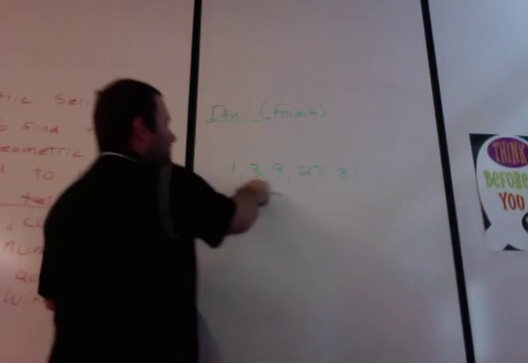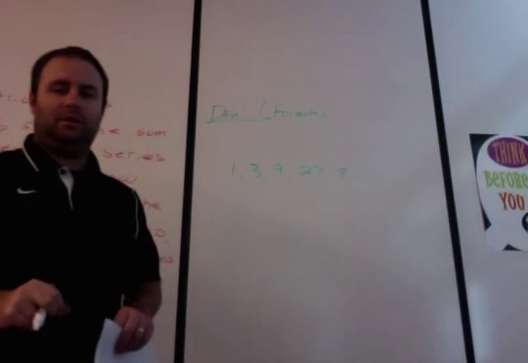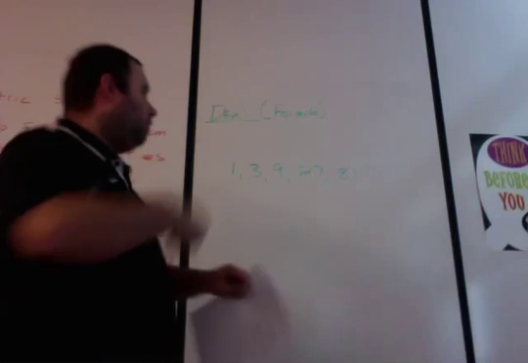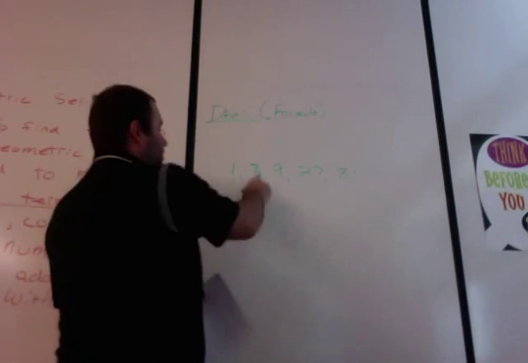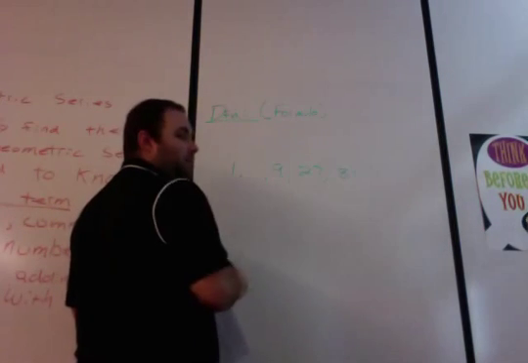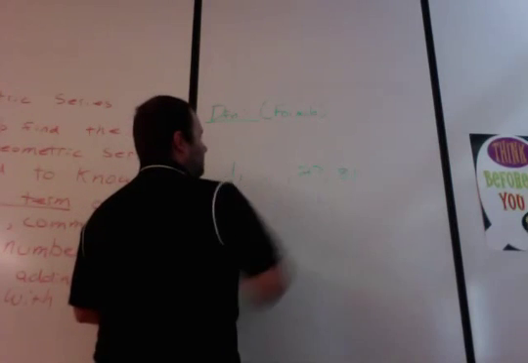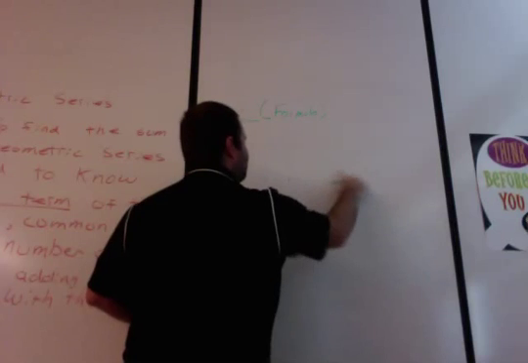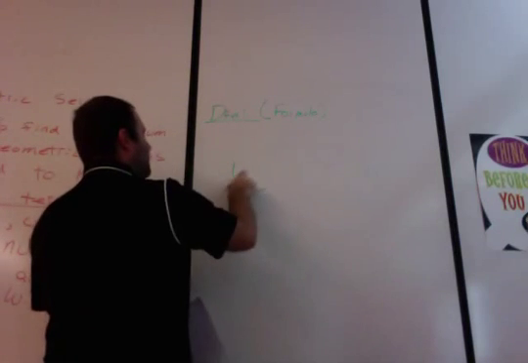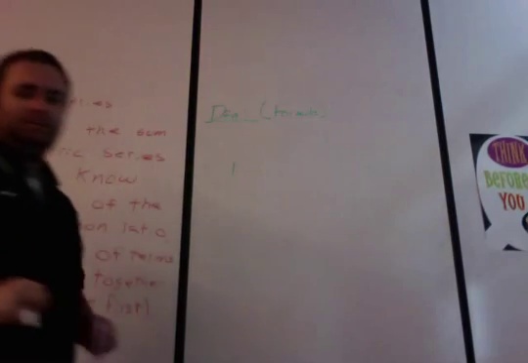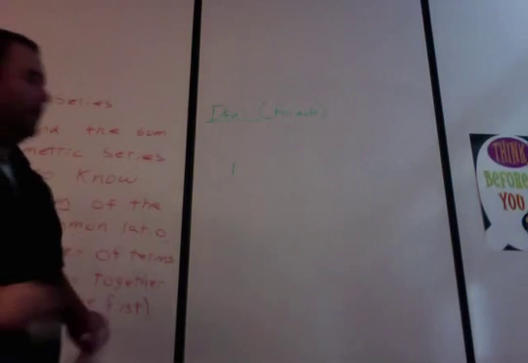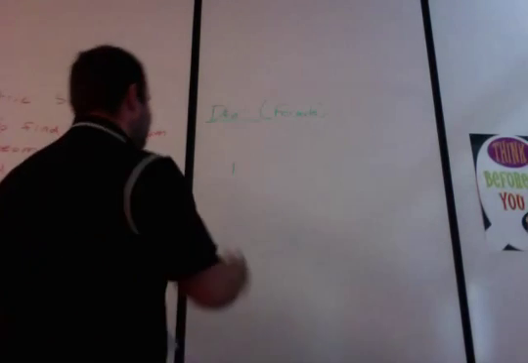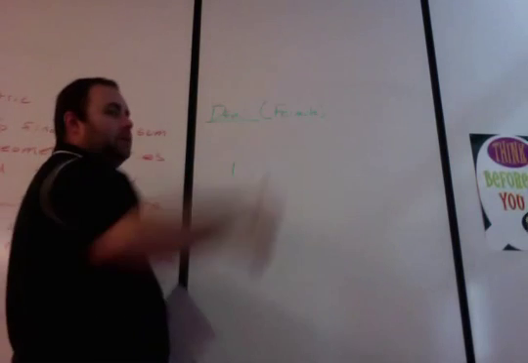Well, that's an easy sequence to look at. In our problem, we didn't know the second term, the third term, the fourth term, or the fifth term. The only thing that we had was our initial term, and they gave us enough information of what it increased by.